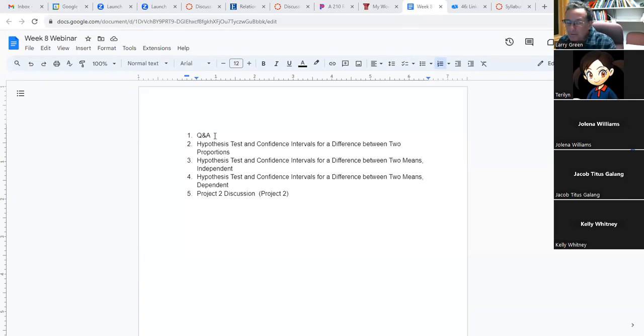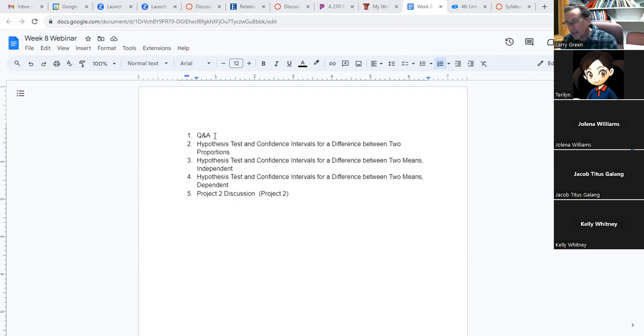And then we're moving into chapter 10. If you remember last week, chapter 9, we talked about hypothesis tests. And I mentioned that was the most important thing of the class because that's all we're going to be doing for the rest of the quarter. So now we're going to continue with hypothesis tests. Last week, we looked at a hypothesis test for a mean or a proportion.